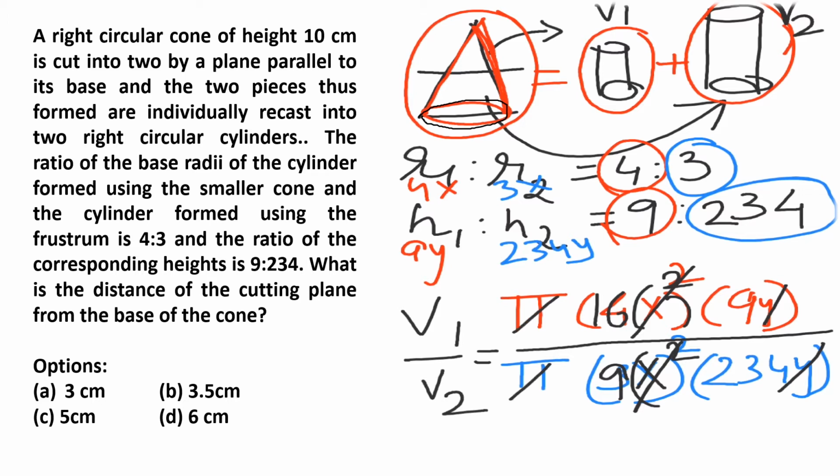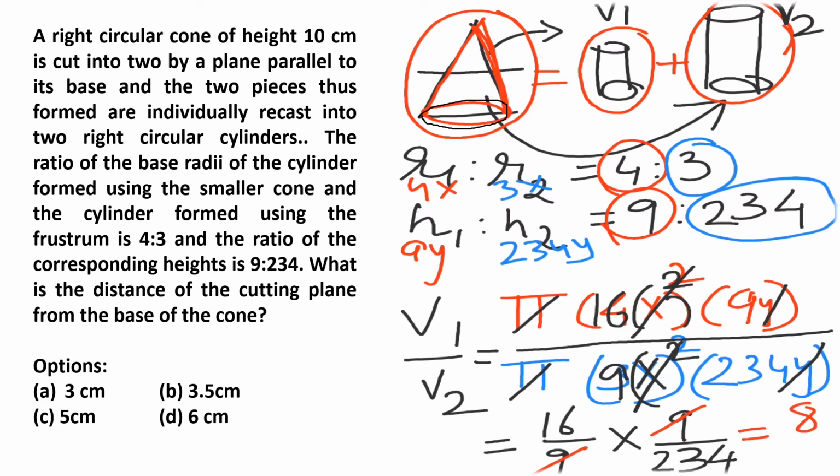So I'm left with what? I'm left with 16 by 9 into 9 by 234. Now two nines I can remove, and by simplifying 16 by 234 I'll get 8 divided by 117.